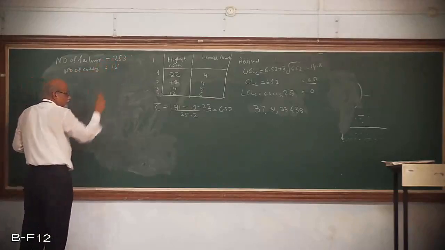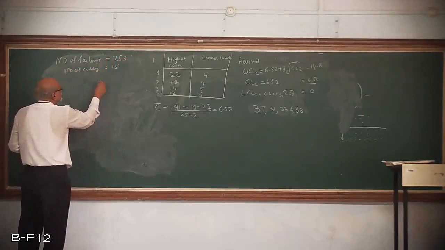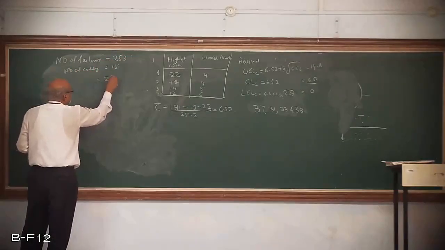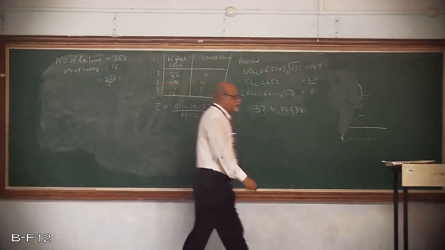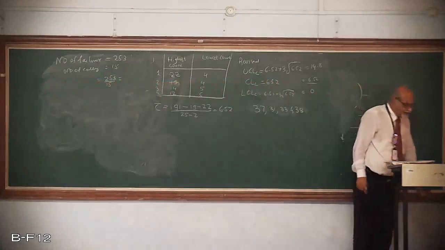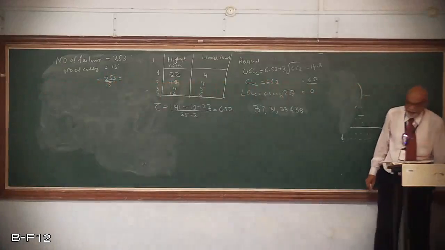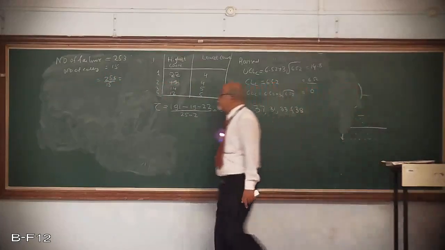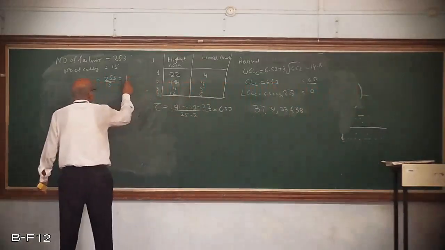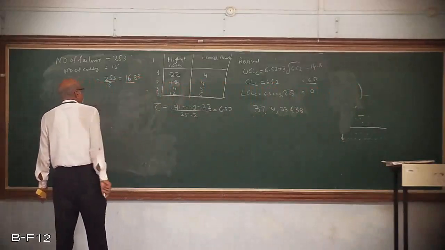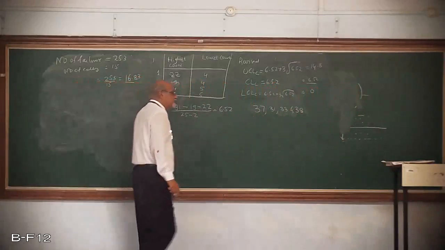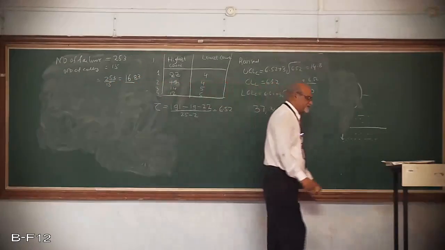So the number of failures per college is 253 divided by 15. It works out to be 16.86. On an average, 16.83 failures, or about 16 failures, are there.